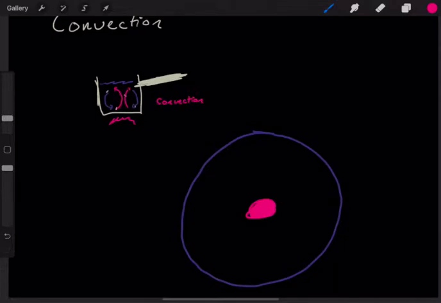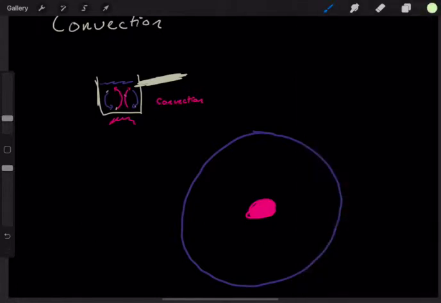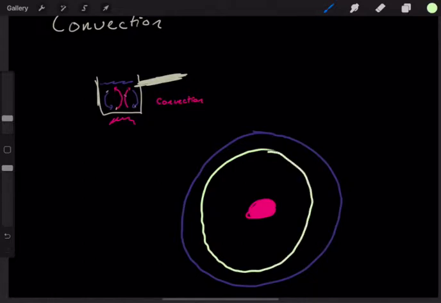And then above that core, we've got a liquid layer, the mantle. So this is liquid, the liquid mantle.